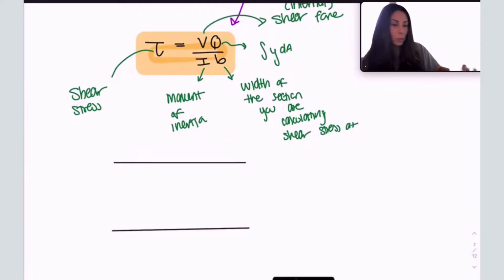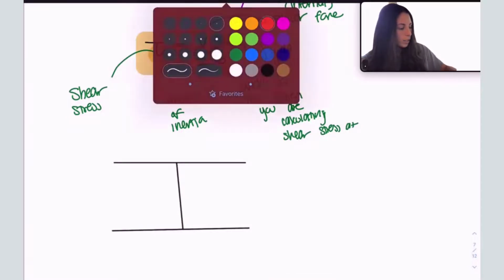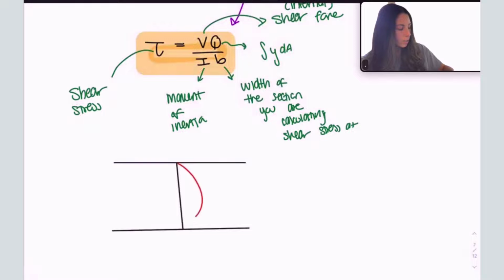I mentioned to you that it was parabolic. So this is a profile. The shear stress varies in a parabolic manner. And this is my neutral axis. So where would the max shear stress occur? Right? This is the distribution. Max shear stress occurs here.